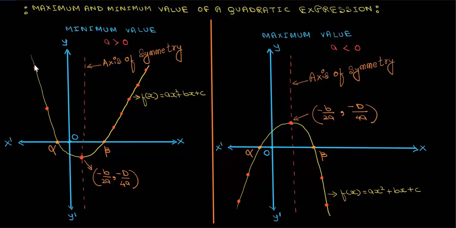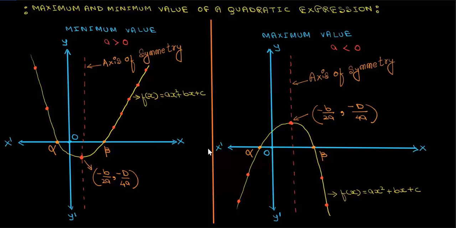Certainly we can see that the y value has the ability to reach up to infinity for different values of x, and then it comes nearer and nearer to the x-axis and reaches a minimum value. The y value here is minus D by 4a, which is the minimum value of this polynomial.